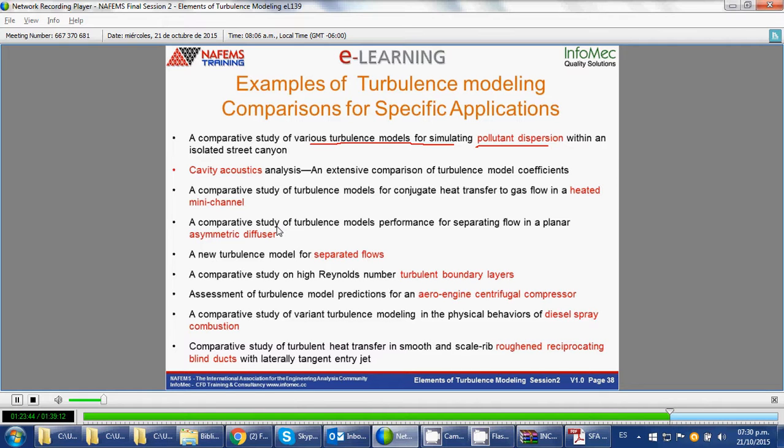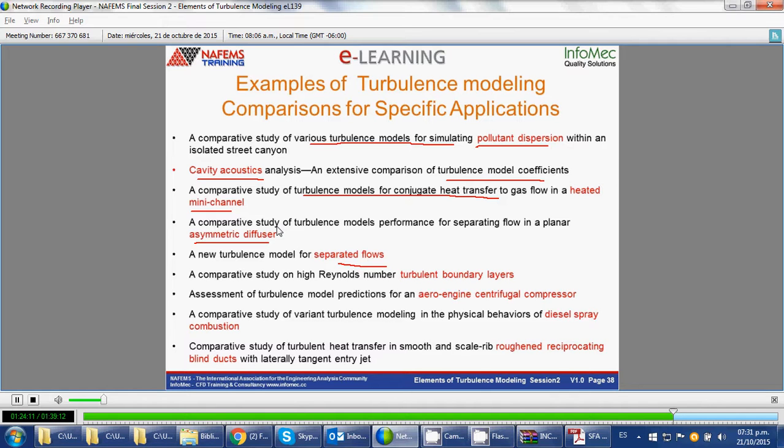Looking at cavity type problems, a comparison of turbulence model coefficients. For conjugate heat transfer in mini channels, a study compares models for conjugate heat transfer. Comparative study for diffuser. A new turbulence model for separated flow. So there's a bunch of different applications where people have compared different models.